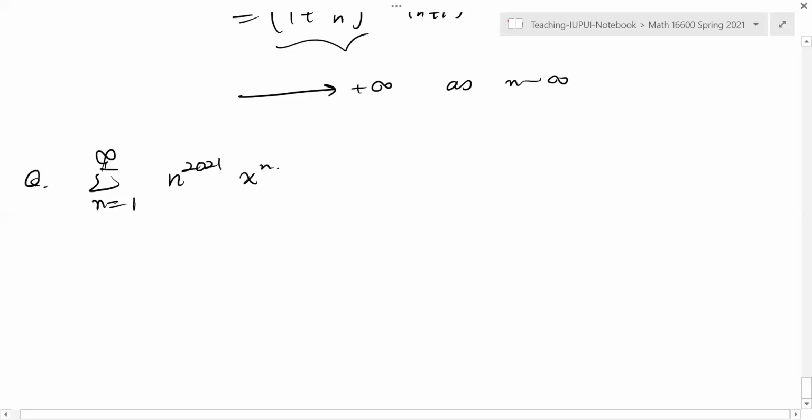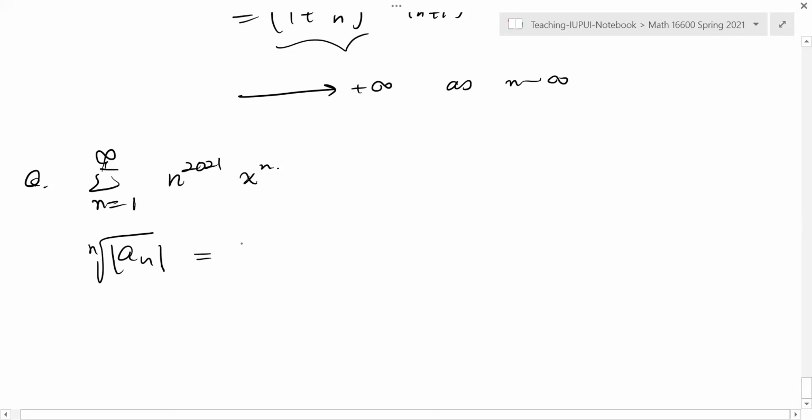I think I can use either the ratio test or the root test. It doesn't matter in this case. If you use the ratio test, you still get the same result. Let's use the root test.